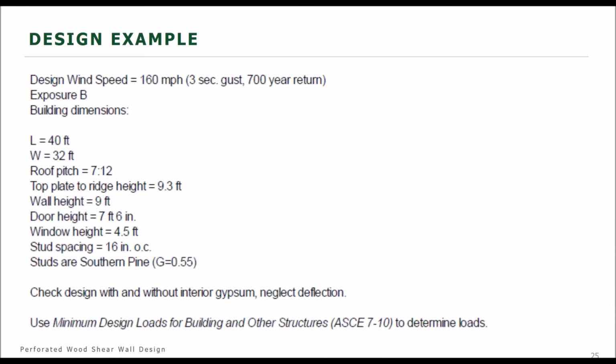The wall heights were 9 feet, and our doors and windows were 7.5 and 4 feet high, respectively. Our studs are spaced at 16 inches on center, and because I live in Virginia, everything is made of southern pine, so that's what we used in our design. We're going to check our design both with and without the contribution of that interior gypsum, and we're not going to check deflections today. As I mentioned, ASCE 7 is our reference for our design loads, so that is where we would be getting those.